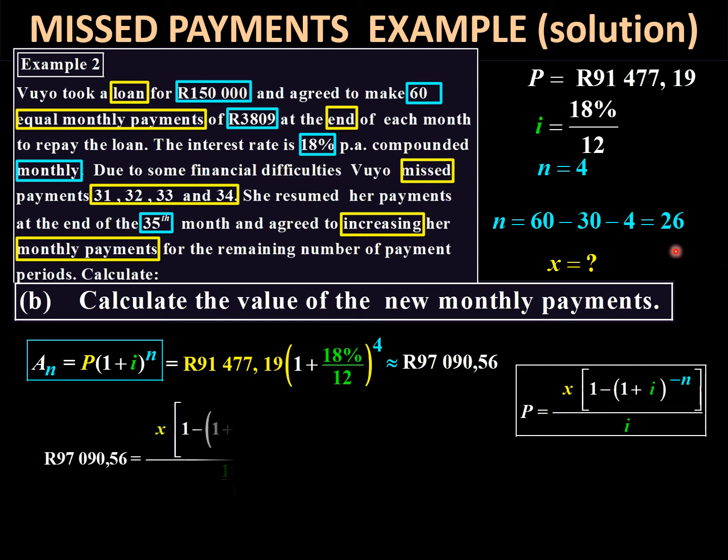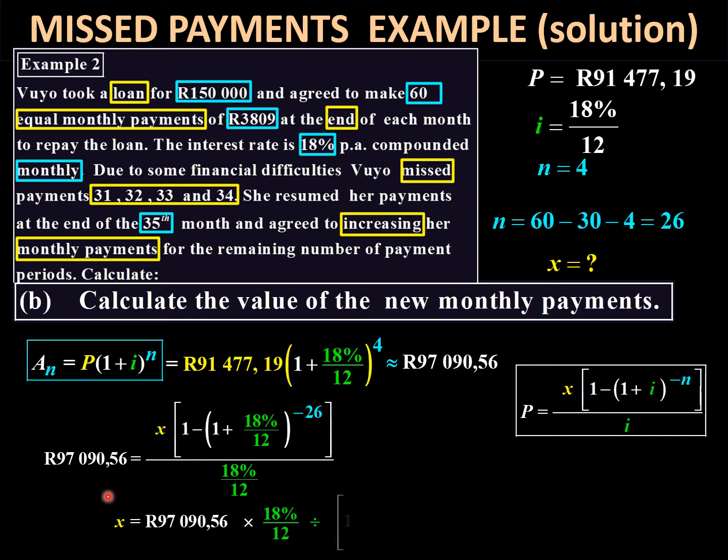So we have to substitute the end value. And by now you should know how to work out the X. It's quite a basic calculation. So it's the 97,000 that we multiply by the interest rate, and then we divide it by this other factor that we have there. And be careful with your calculations. Maybe try to do it twice, and please don't forget that negative sign in there.